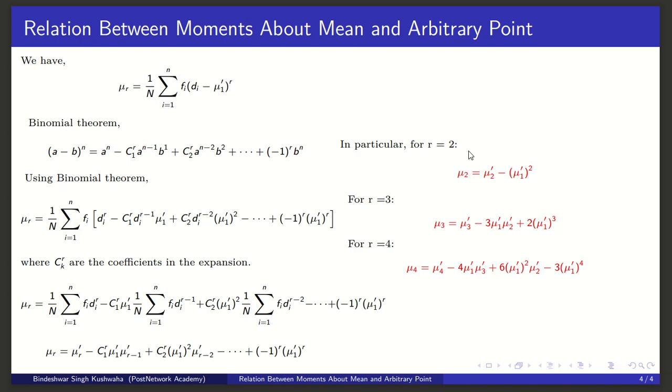Mu 2 is the second moment about mean, mu 3 is the third moment about mean, mu 4 is the fourth moment about mean, and mu dash are moments about an arbitrary point A. So in a future video we will see how Pearson's coefficients are defined using these expressions, and we will also calculate skewness and kurtosis.